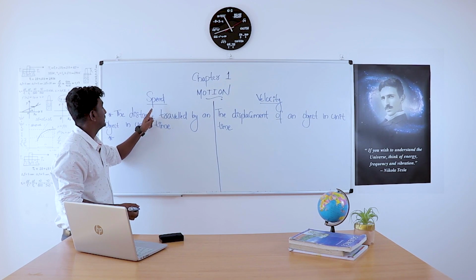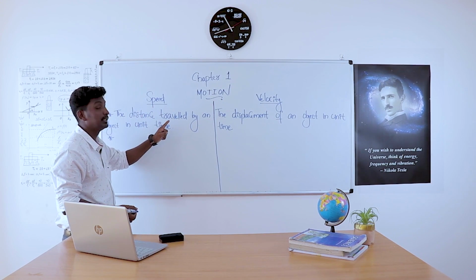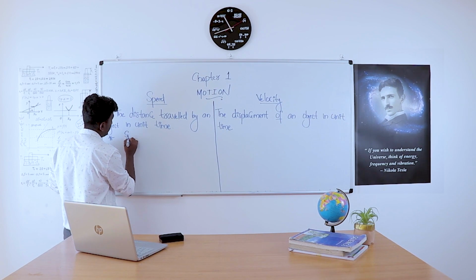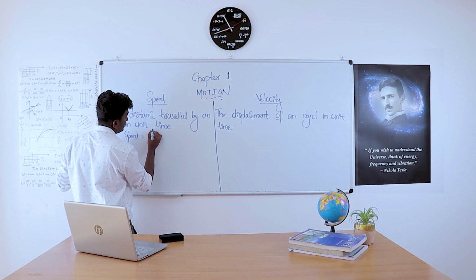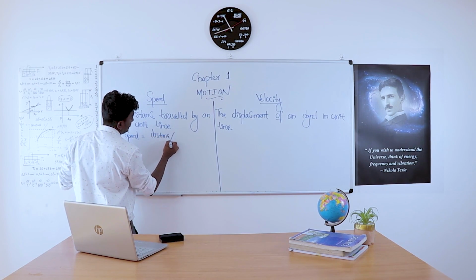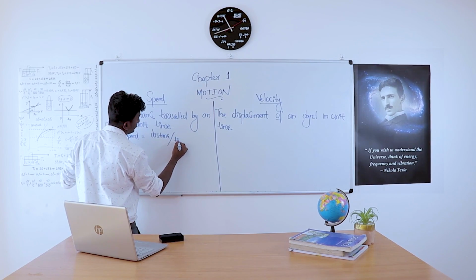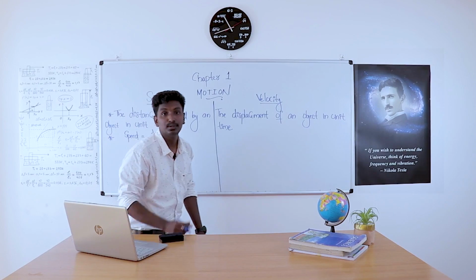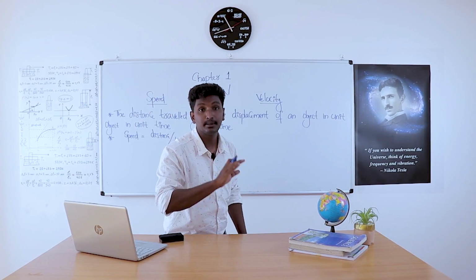We define speed as the distance traveled by an object in unit time. Therefore, speed can be written as speed is equal to distance divided by time.